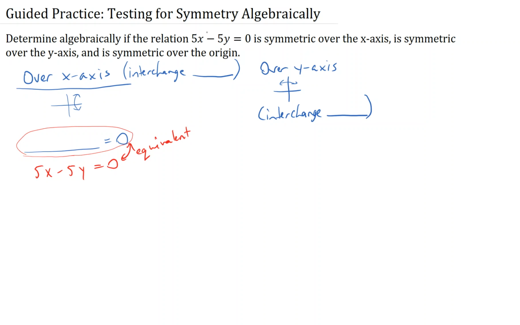Then rewrite the original relation after that interchange has been made, replacing x or replacing y or both. And again, check to see if it's equivalent with the original, and pause the video to make your conclusion about whether this relation is symmetric over the y-axis.